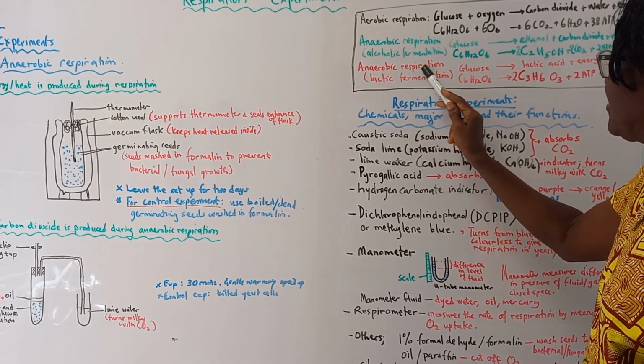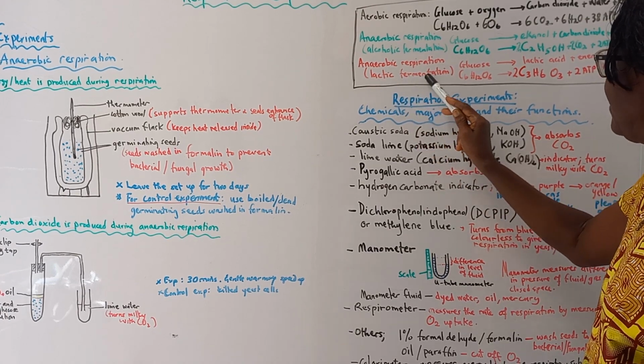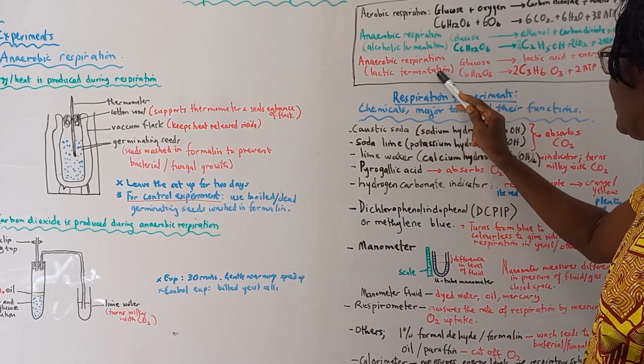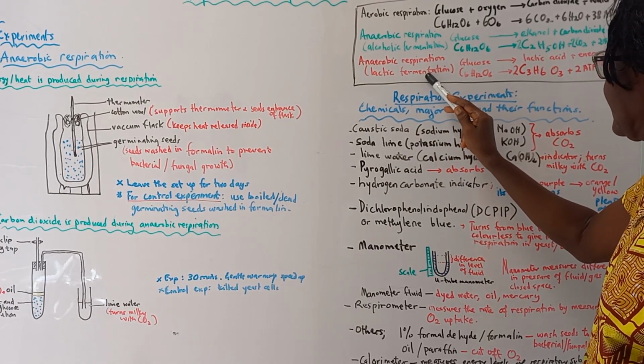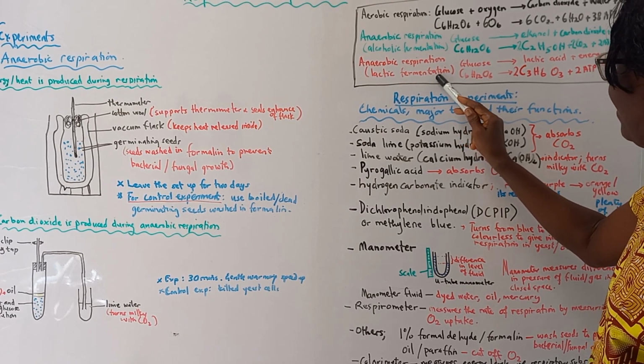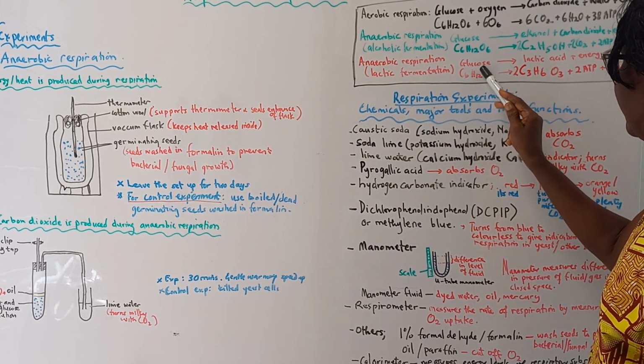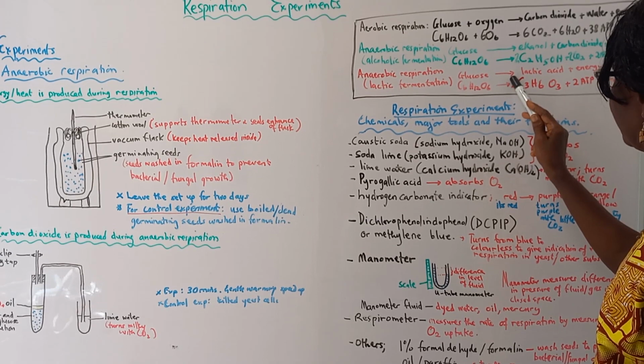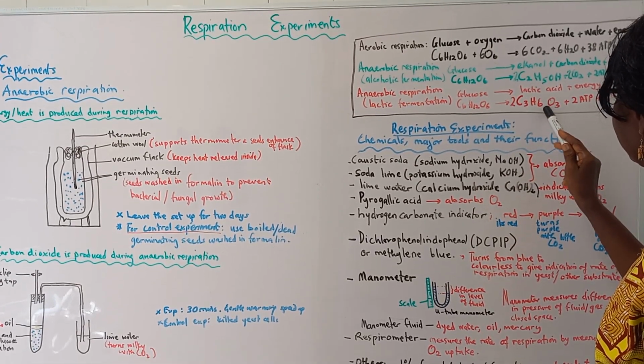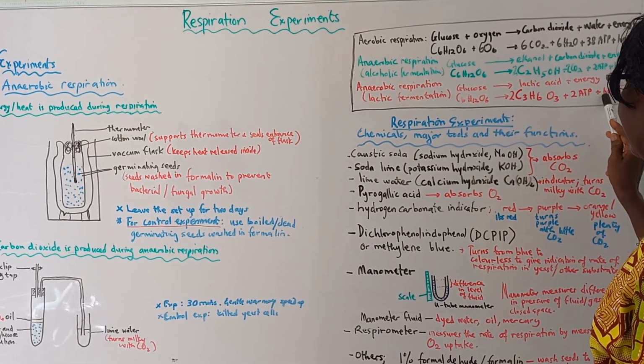And anaerobic respiration, known as lactic fermentation, goes on in some bacteria and skeletal muscles of mammals, where glucose is broken down without oxygen to lactic acid, 2 ATPs, and heat.